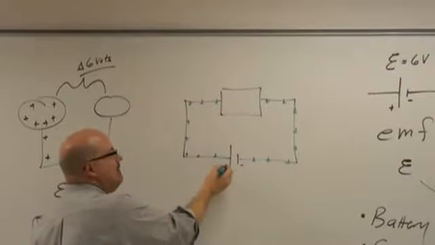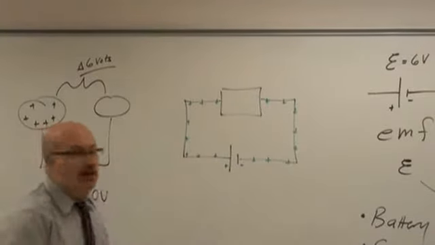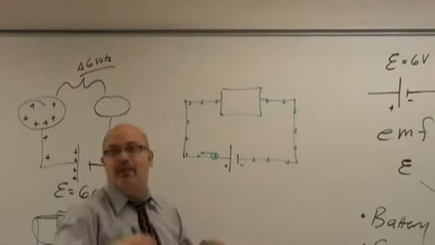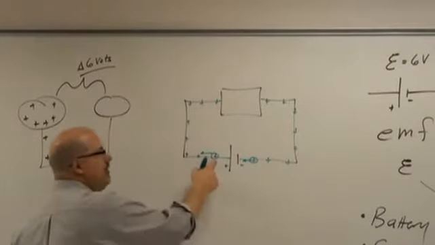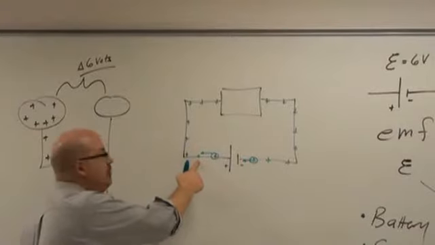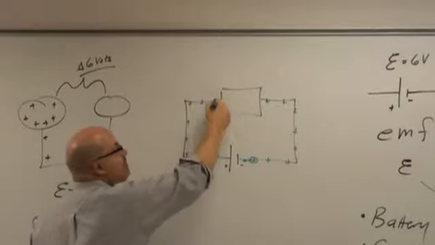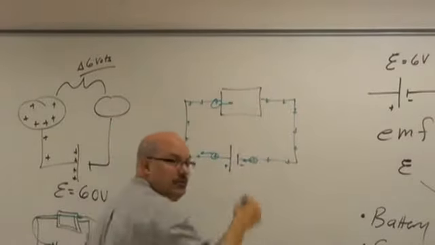So what happens is this plus and this plus, as soon as you hook that up, these repel each other. So this one tries to move that way. This plus is attracted to that minus, so it's attracted this way. And look, this one then pushes on this one, which pushes on that one and that one and that one and that one and that one and that one, which pushes that one in, which pushes that one out.